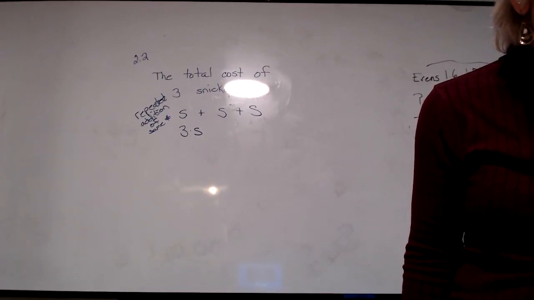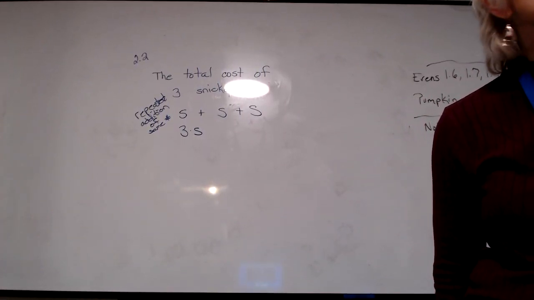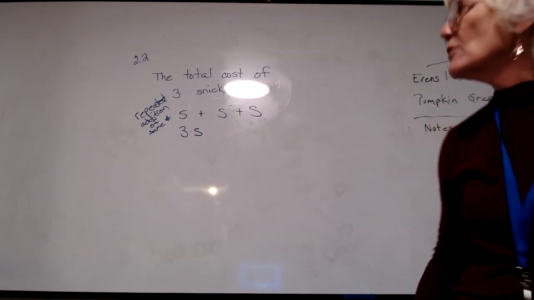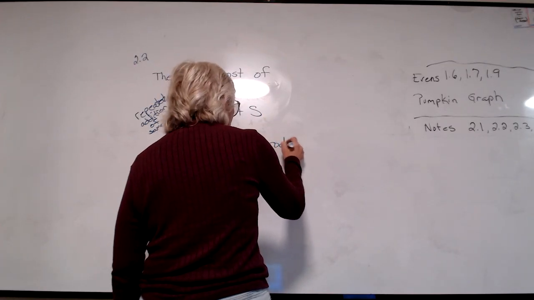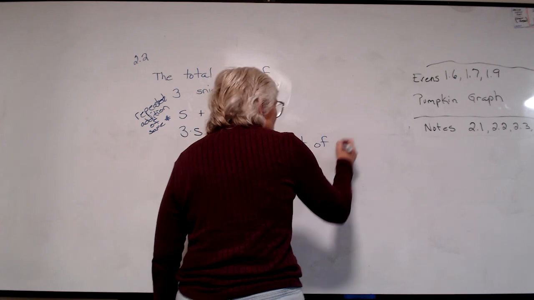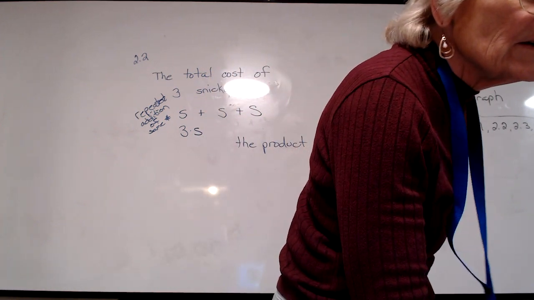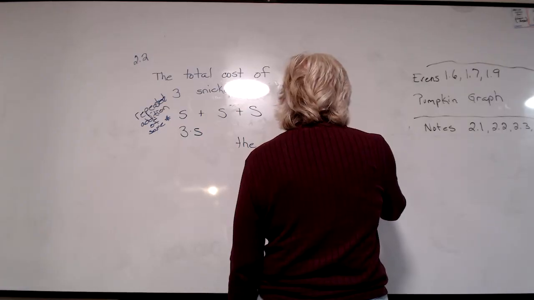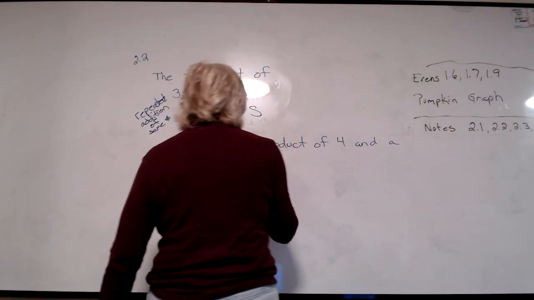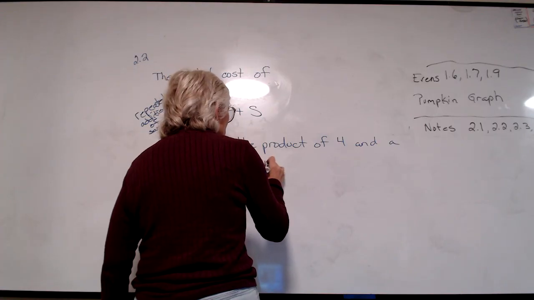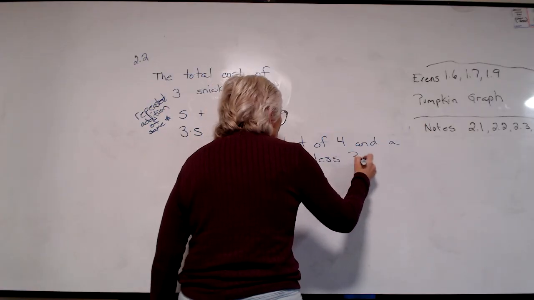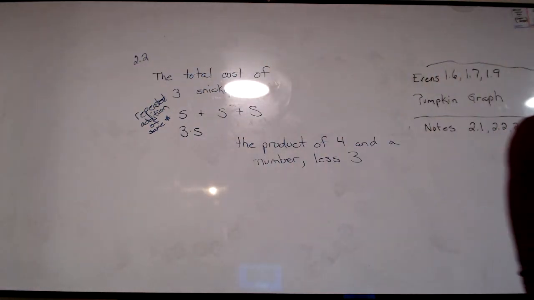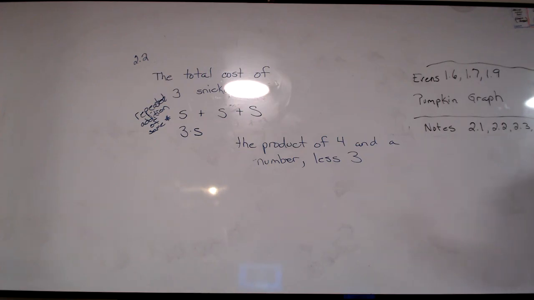Like the product of 4 and a number, comma, less 3. Now I'll tell you that when you write that with a comma like that, that means you do the first part first and take a breath.